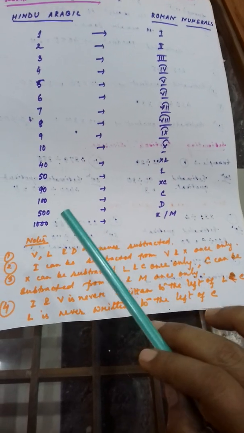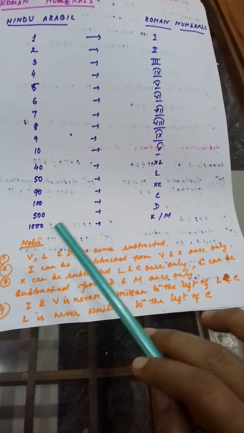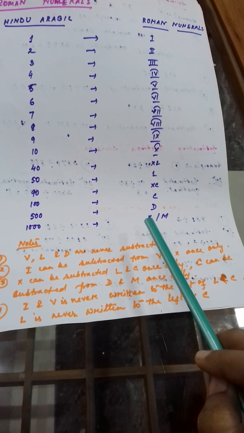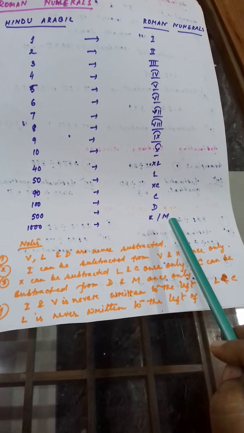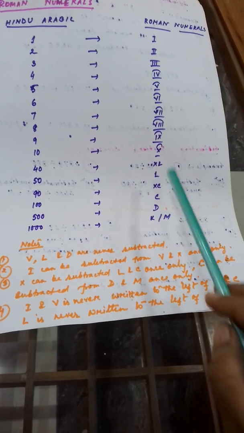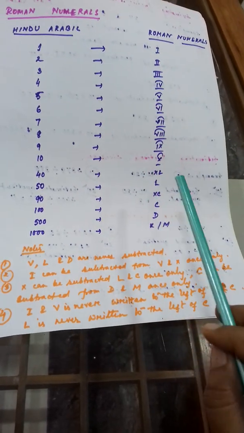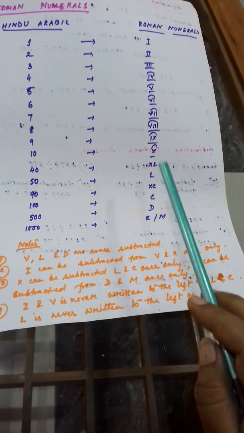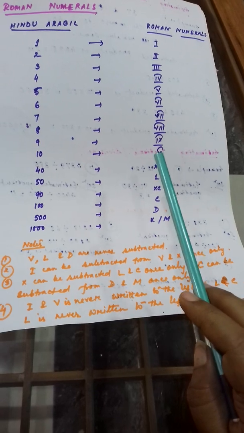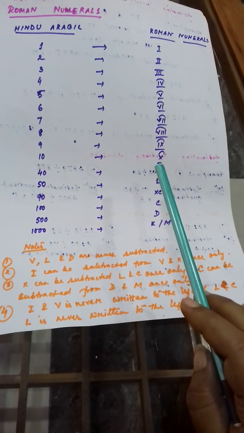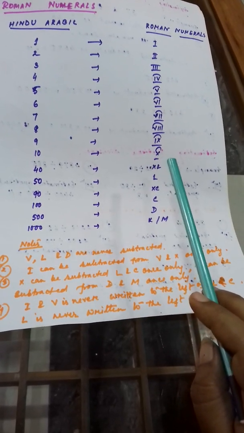Clear? Then 500 is D and 1000 we can write two ways, K or M. So these are the main Roman numerals. If you understand this one, if you follow this one, you will be able to write any Roman number.